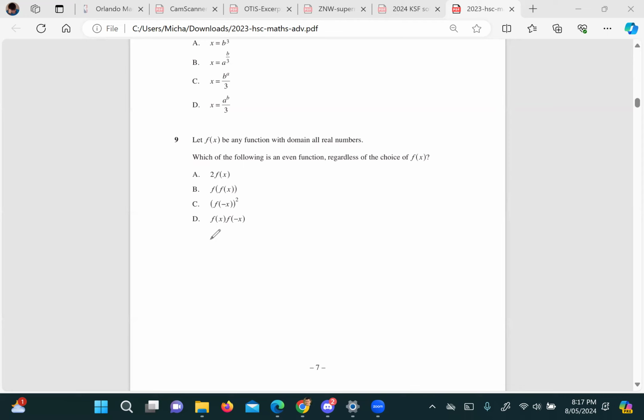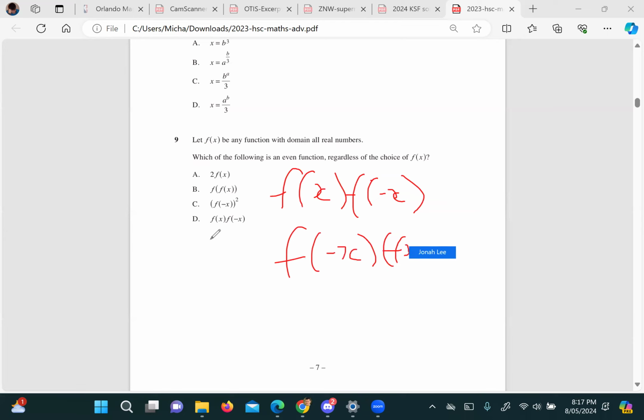Jonah? Yeah, sure. So we have f of x times f of minus x. And then when we swap them, we'll get f of minus x times f of x, which is the same. For any of the other ones, G of x won't be equal to G of minus x.